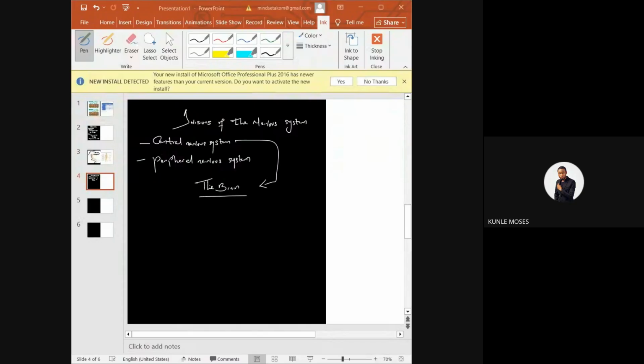This textbook did not give a proper explanation on the brain. So let's quickly move to the PNS, the peripheral nerves, but the spinal cord first. The spinal cord is an extension from the brain.